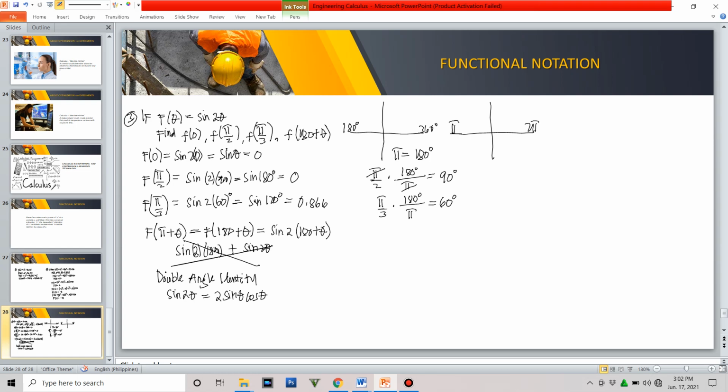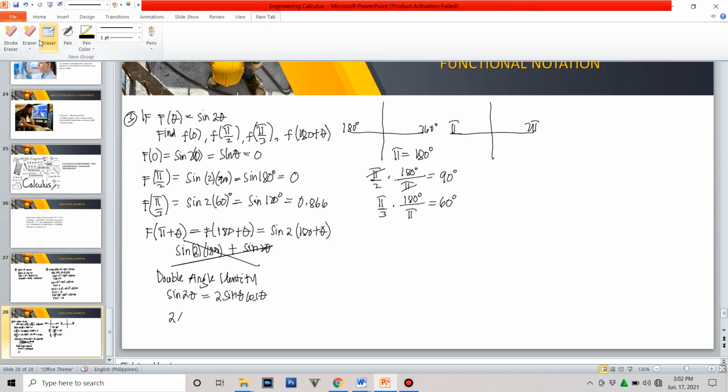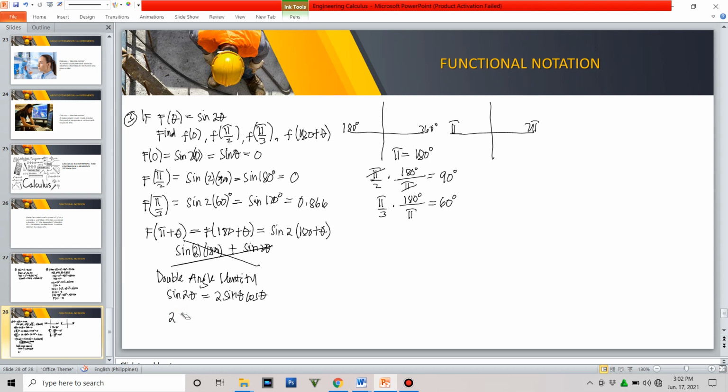Okay, so if we are going to apply this to this equation, it will become 2 sine theta cosine theta is equal to, another identity to simplify this. So 2 sine theta cosine theta, just copy that.